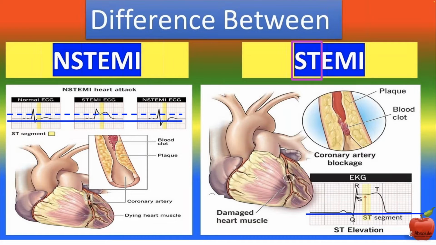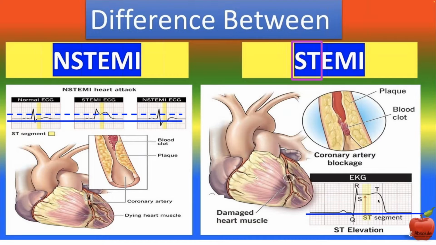And when this ST segment is elevated, how do you know it's elevated, Mrs. J? Well, this blue line represents your baseline, and it's not sitting on or near the blue line, so it is elevated. And when it's elevated, you are likely to be having an ST elevation myocardial infarction, right?